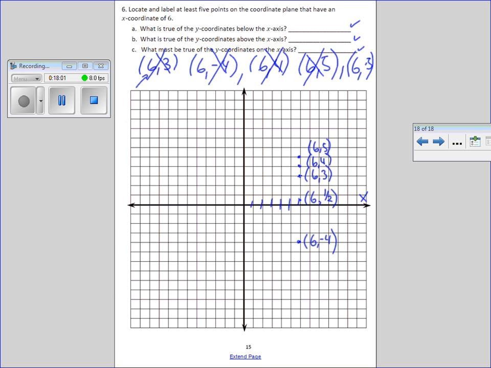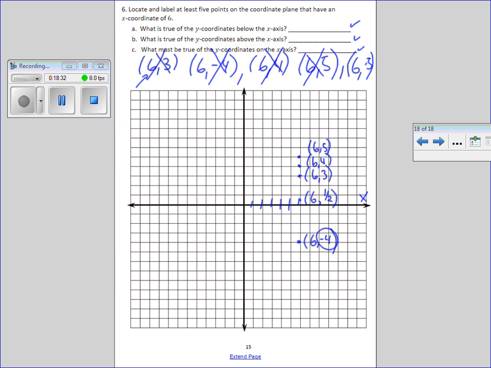Okay. No matter what points you plotted, these answers at the top will be the same. What is true of the y coordinates below, and we only have one, below the x-axis? What's true about every single y coordinate below the x-axis?